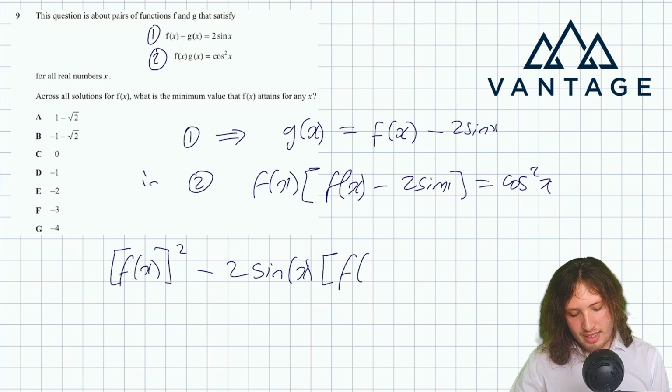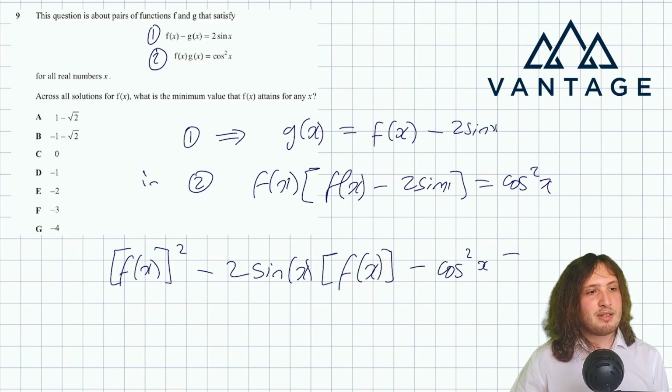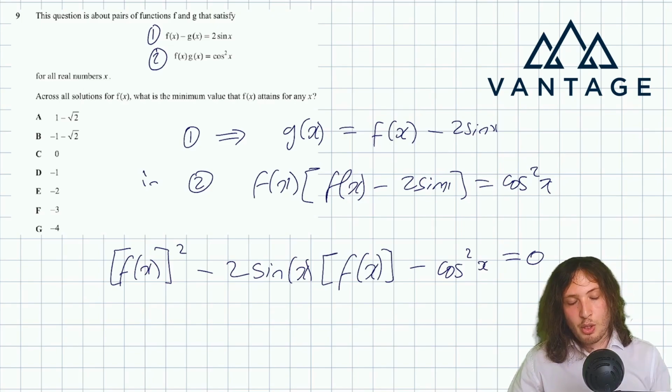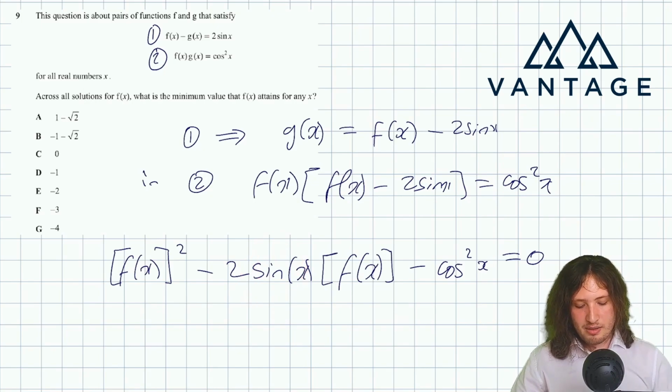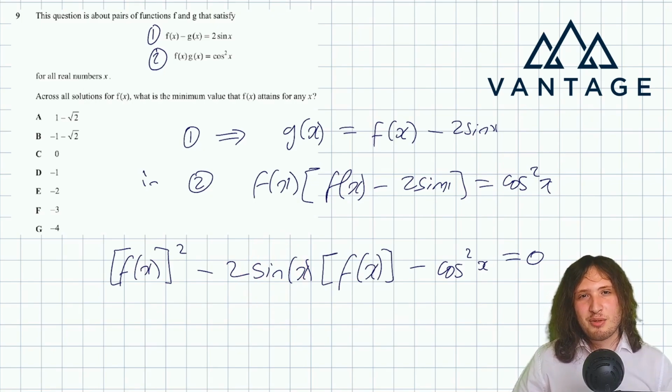We can view everything other than f as if it's a constant coefficient. This isn't going to factorize very nicely, but we can use the quadratic formula. Students often worry about using the quadratic formula when the coefficients are not really constant. Of course, sine x is not really a constant, it varies depending on x. But thinking back to the proof of the quadratic formula, it just comes from basic algebraic rearrangement of the equation by completing the square.